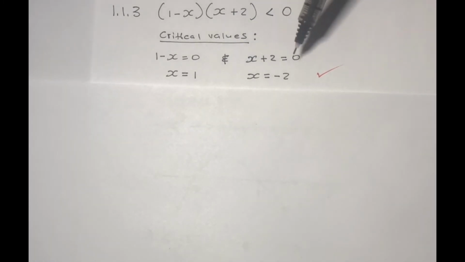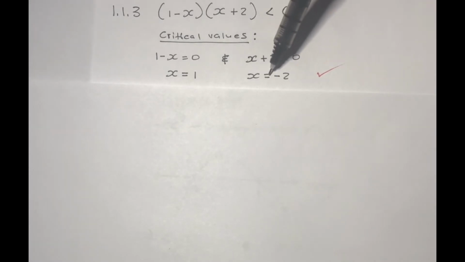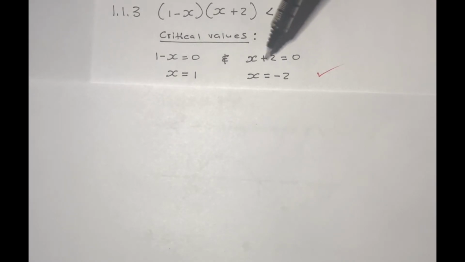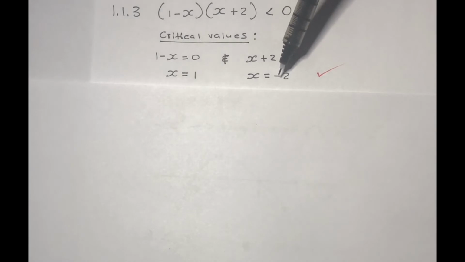So what I did was to write x to the right side of the equal sign, and it changes sign, and rewrite the equation such that x is equals to 1. And also you do the same for x plus 2. You equate it to 0 and you solve for x. In this case, our x is equals to minus 2. It changes from positive 2 to minus 2.